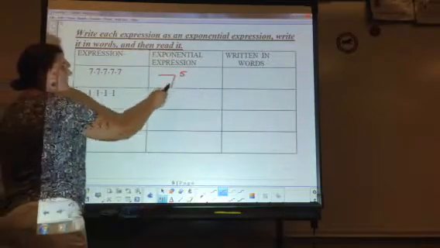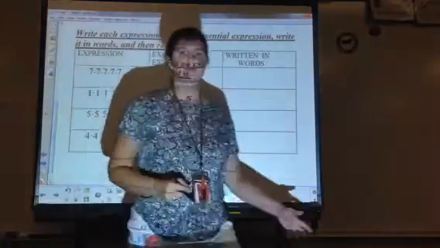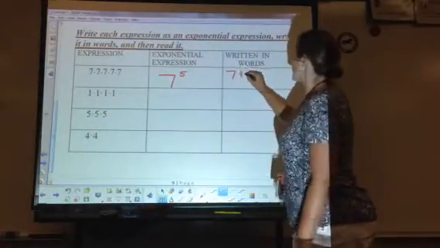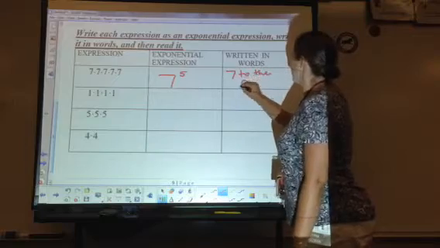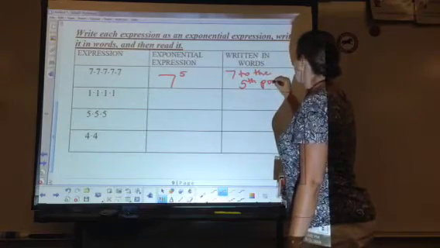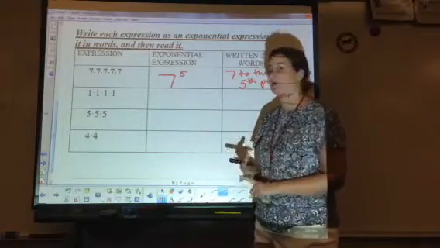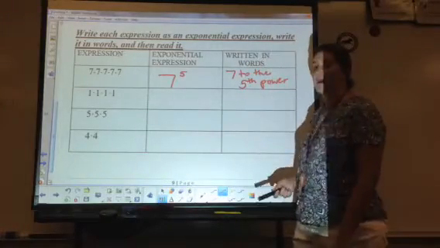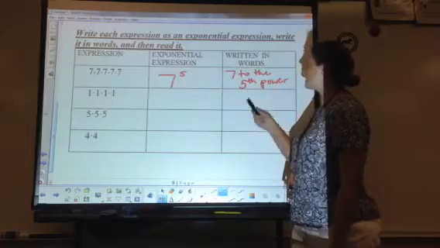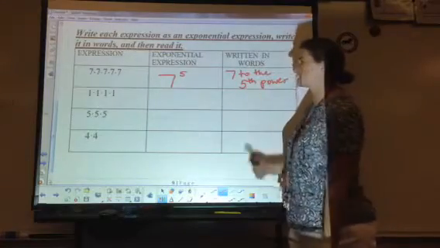So how do you say that in words? You say 7 to the 5th power. An exponent can be called an exponent. It can be called a power. So 7 to the 5th power. You could also say 7 to the power of 5, but that takes longer to say.